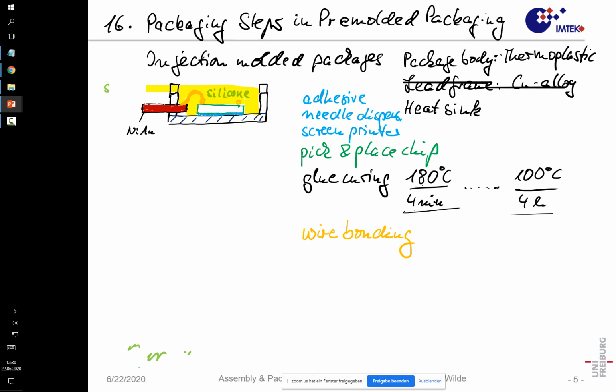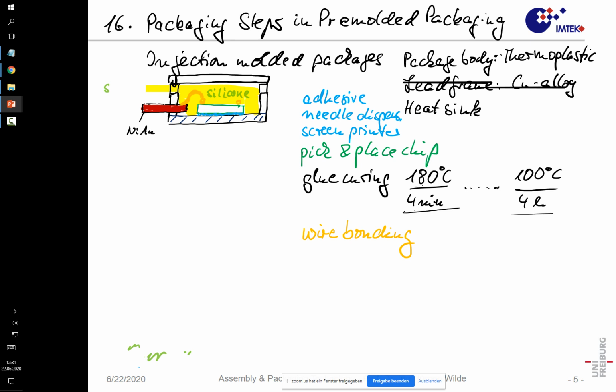Okay, we have the silicone, and after that we have to close it. How do we close it? We put on a lid. I don't know why there's such a lag. Now it comes.